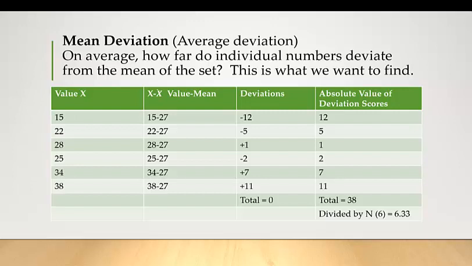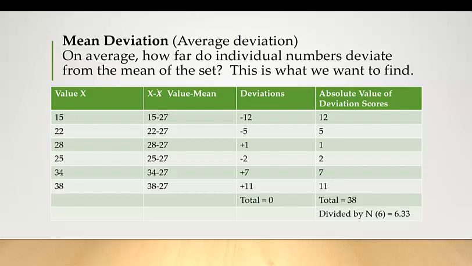So when we look at the mean deviation, the first guy could do 15 sit-ups. We know the average sit-up was 27. So 15 minus 27, he deviated from the mean by 12 sit-ups. So we write that down as a minus 12. He was 12 below.